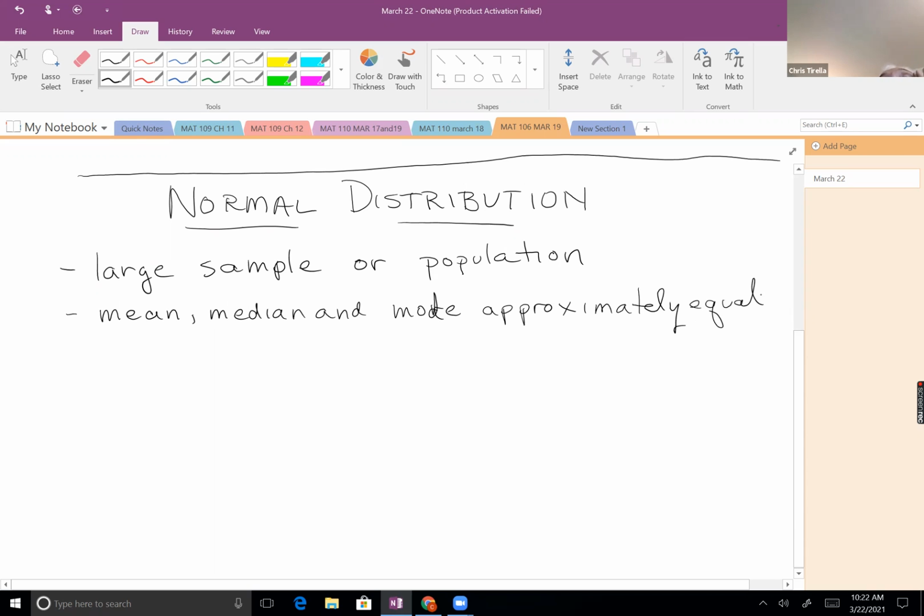And to try to wrap your mind around those being approximately equal, I'd like to kind of give you a visualization, if you would. Let's say COVID was over, we were back on campus, and we wanted to look at the heights of everybody on campus in a given day. And so we'd ask everybody their height and we'd find their average.